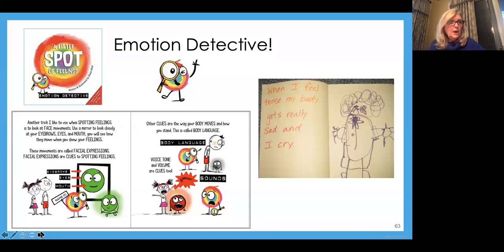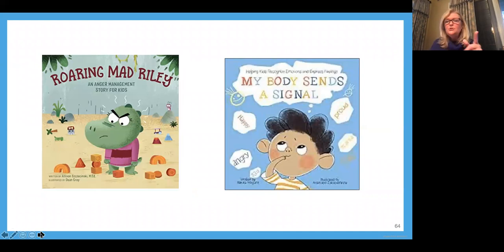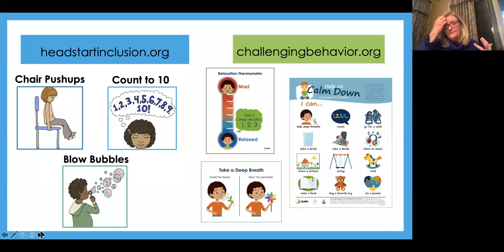You'll see that book on your list. These are two more books where the characters really talk about feelings, like Roaring Mad Riley, whose hands curl up and shoulders go up when she gets mad. So it gives us lots of opportunities to get children to think about how they're feeling.